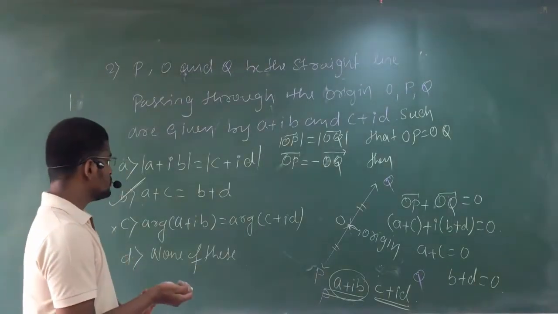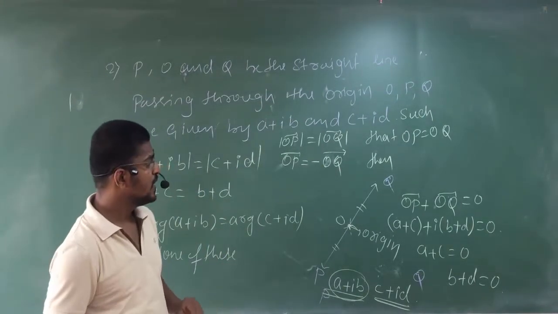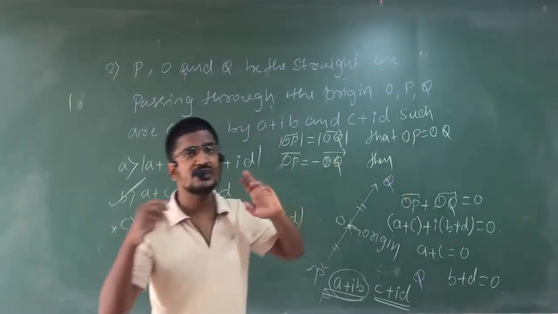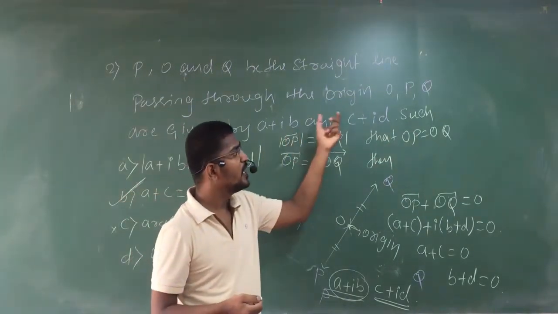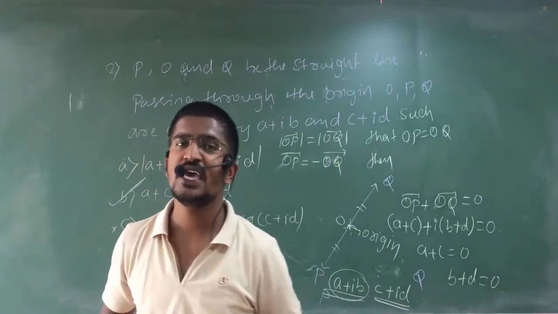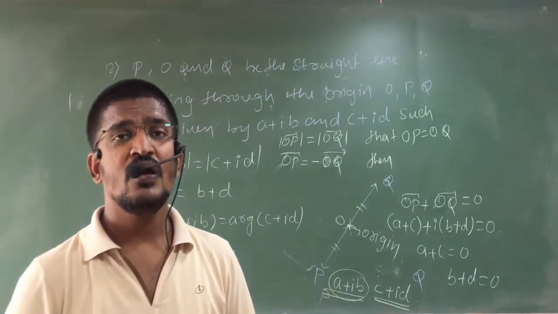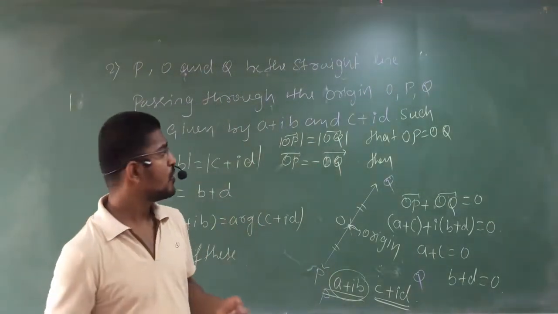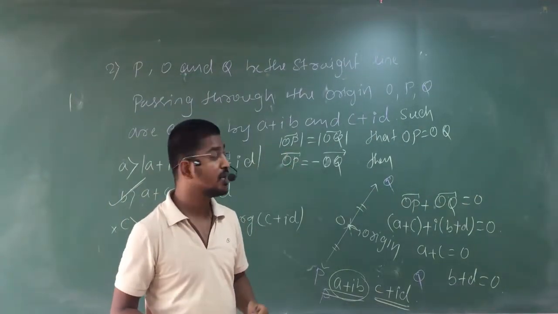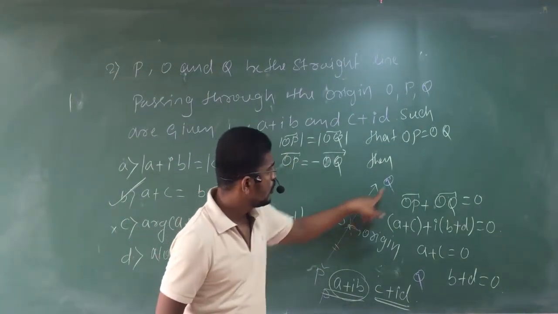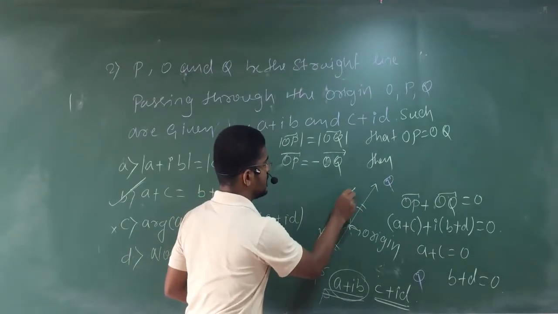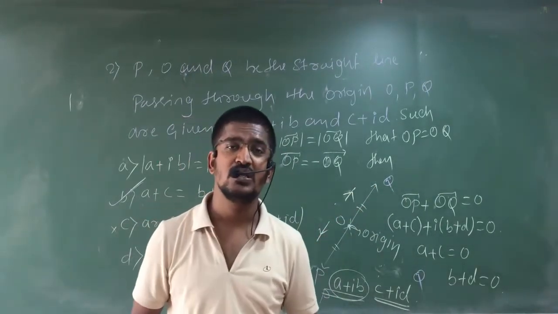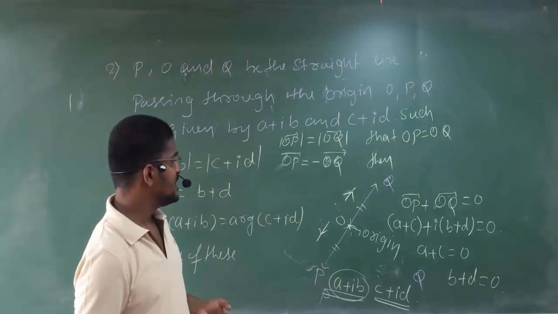So now, OP and OQ are both the same, meaning the magnitude of OP and the magnitude of OQ are again the same. That means the length is the same. I will represent it in vector form, OP vector and OQ vector. O to P, O to Q, they are in opposite directions with the same magnitude.